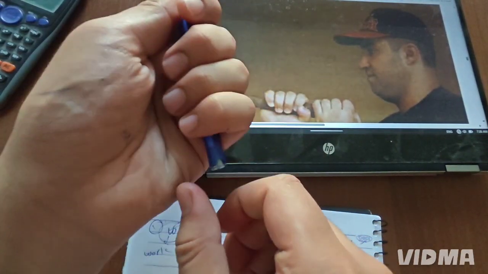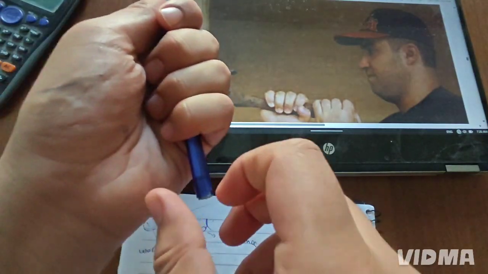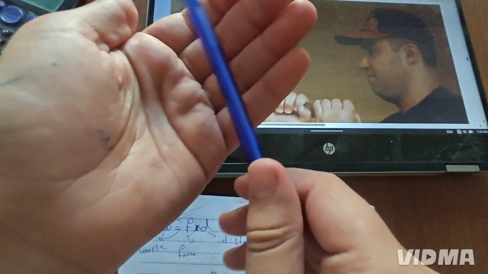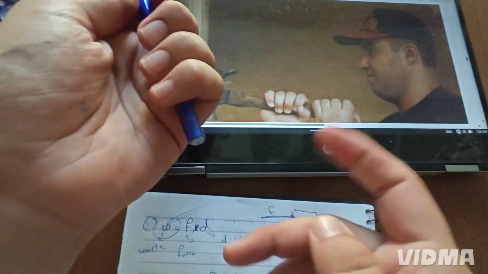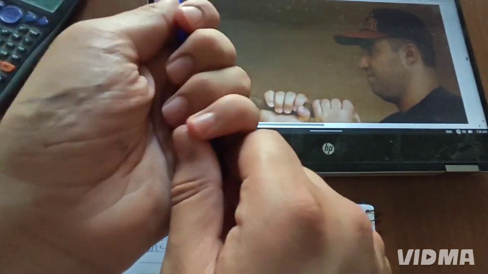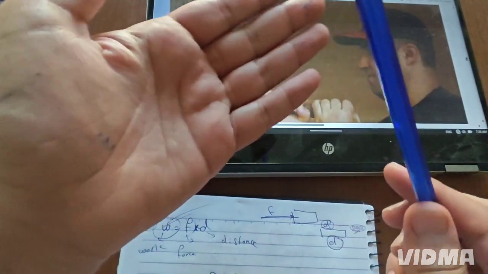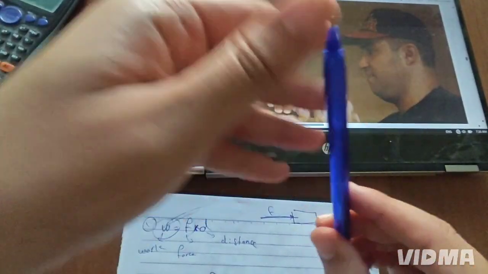When I would like to take out this pen from inside my hand, there is friction. This is called friction between the pen and my hand. There's friction happening between my hand and this pen.